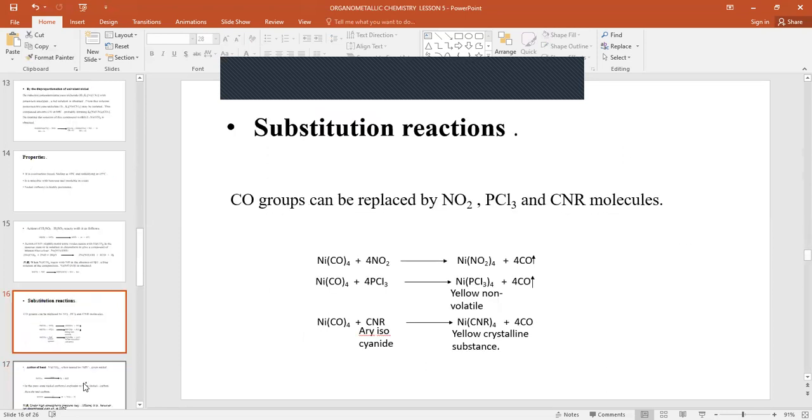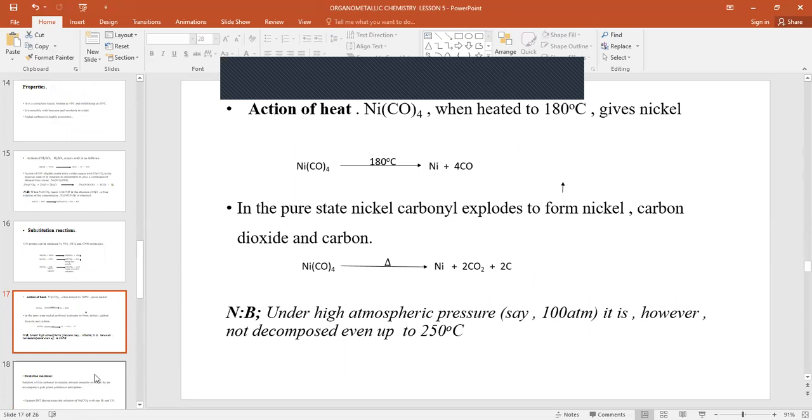Substitution reaction. Carbon monoxide groups can be replaced by nitrogen dioxide or by phosphorus trichloride and organic compounds. Action with heat. Nickel tetracarbonyl, when heated to 180 degrees, gives nickel.